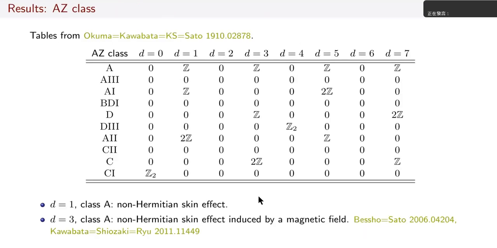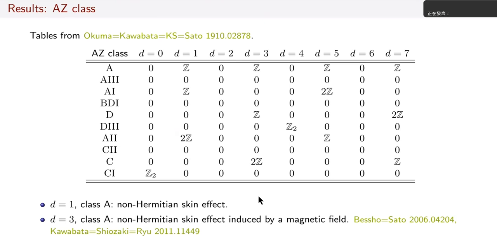And this is the result. For all symmetry classes in non-Hermitian systems, this is the classification table of intrinsic non-Hermitian topological phases. For example, here I have Z, and this corresponds to the non-Hermitian skin effect. And here I have Z, which corresponds to a generalization of the non-Hermitian skin effect in three dimensions.